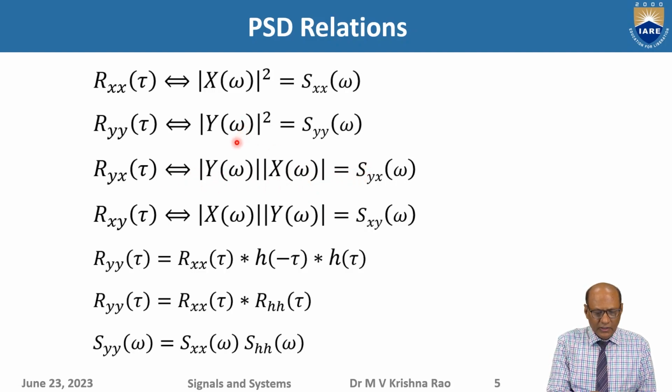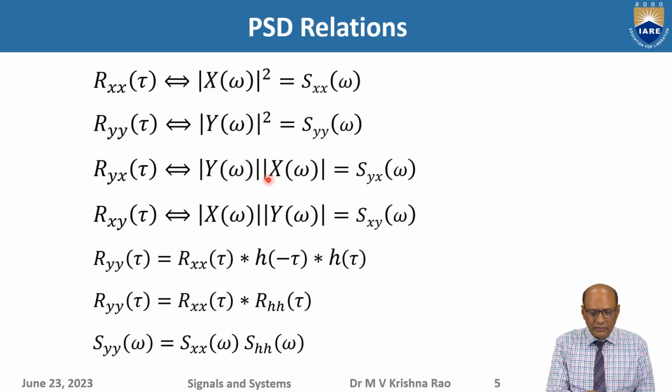So when I take R X and R Y, I have Y of omega squared, that is, Y of omega multiplied by Y of omega. One of these Y's will be replaced with X here. So Y of omega multiplied by X of omega; I am talking about the magnitudes here.